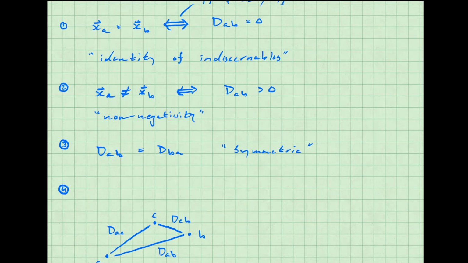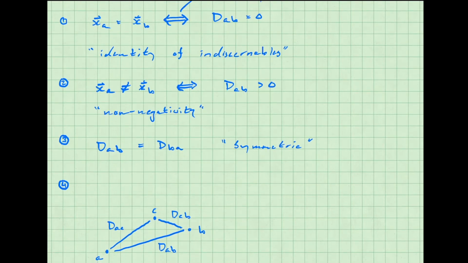And this property that I'm about to write down refers to the relationship between those three different lengths, and it says that the distance AC, this one here, is smaller than or equal to the sum of these two guys.